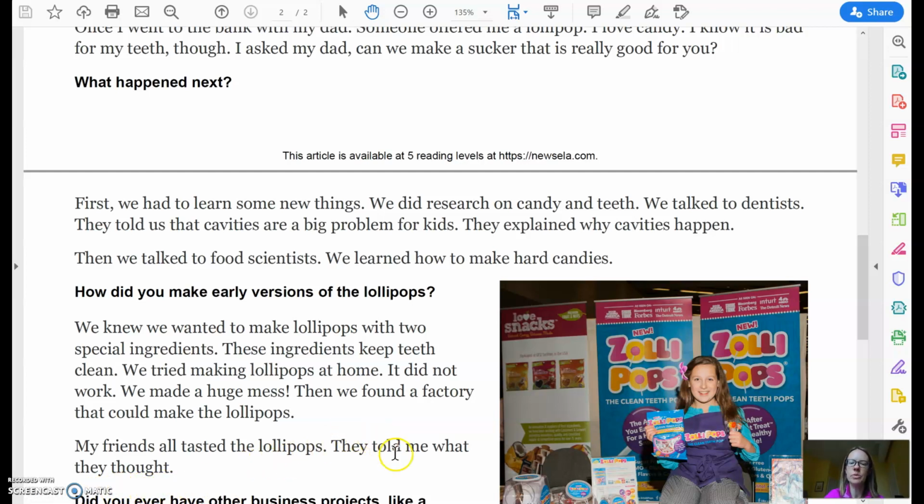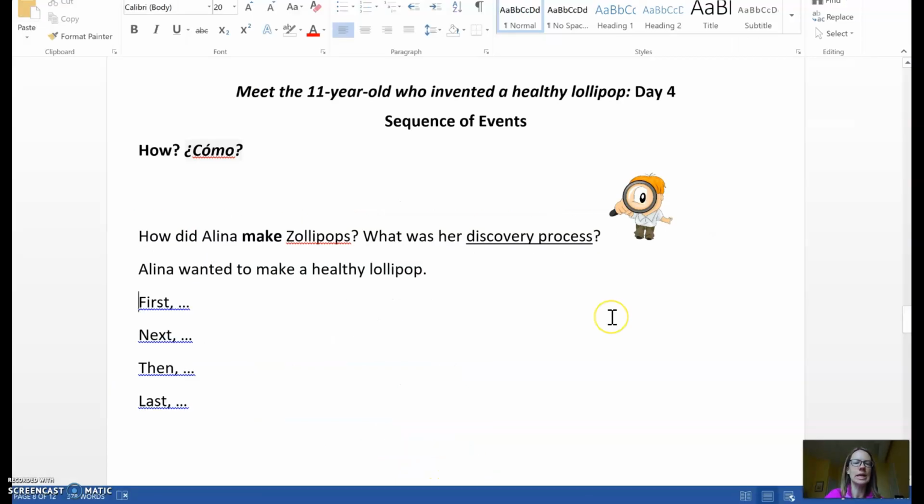So this part that we just read has told us how Alina made lollipops. I want you to think about her discovery process. We know it started when Alina wanted to make a healthy lollipop.